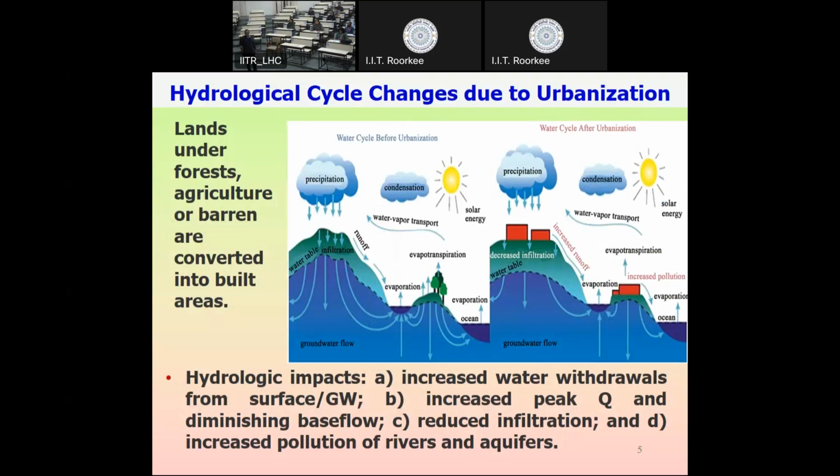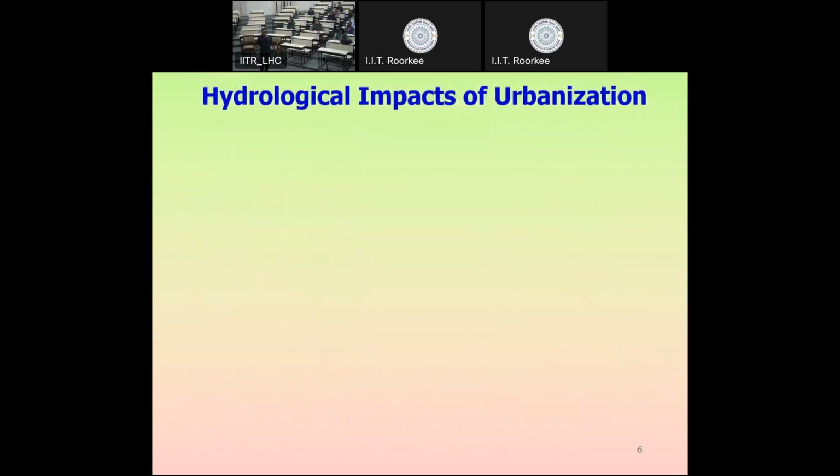And it is briefly summarized here. Increased water withdrawal from surface and groundwater, increased peak of flow, diminishing base flow, reduced infiltration, increased pollution of rivers and aquifers. Okay. Now, we will discuss this increased peak flow in the next slide.